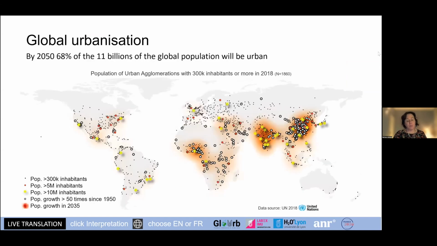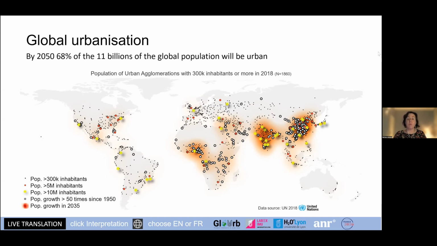So Glow Hub looks at the urban growth situation in the world, which, as you've seen in some of the presentations, is associated with demographic growth, which is more and more urban, as we can see on this map. Today, you see 1,868 municipalities with more than 300,000 inhabitants, and especially the black ones, say 868 agglomerations.